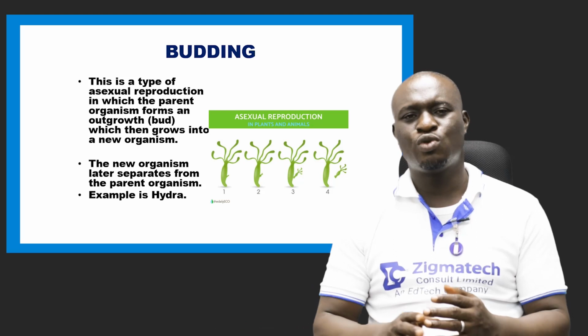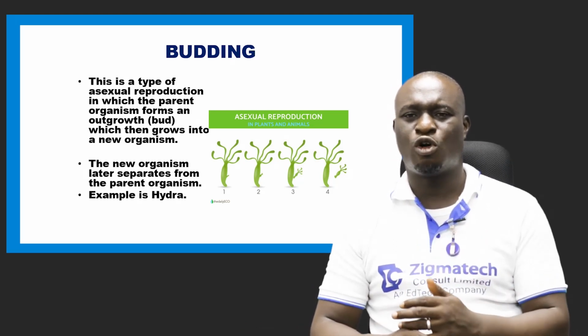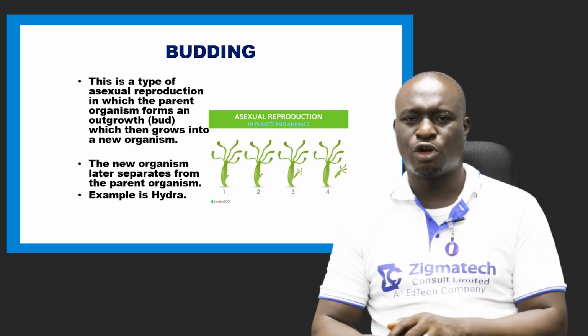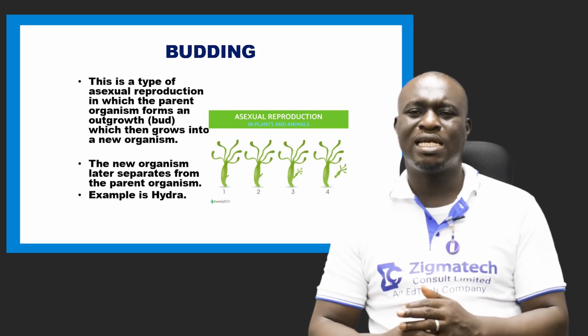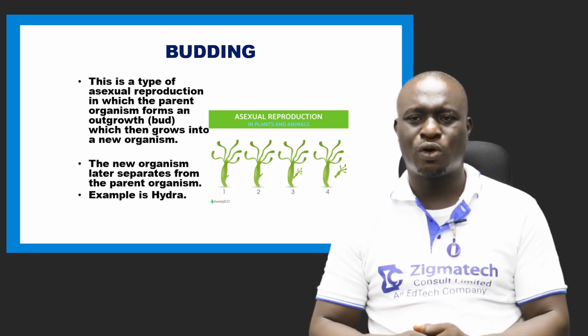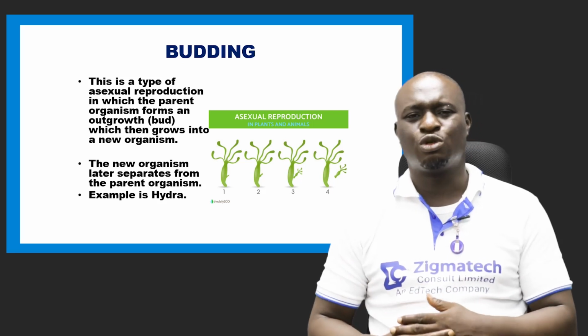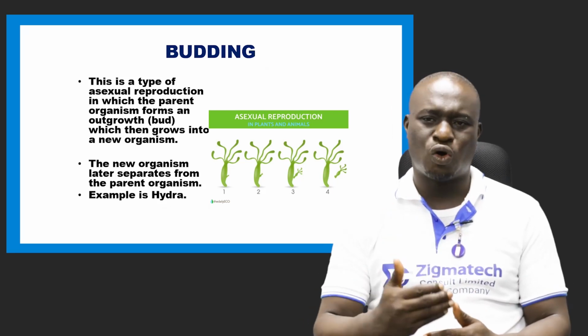Okay. Number two is budding. Budding is also another type of asexual reproduction in which one parent organism forms an outgrowth. This outgrowth is what we call a bud.